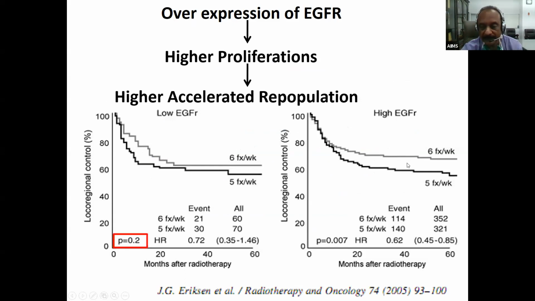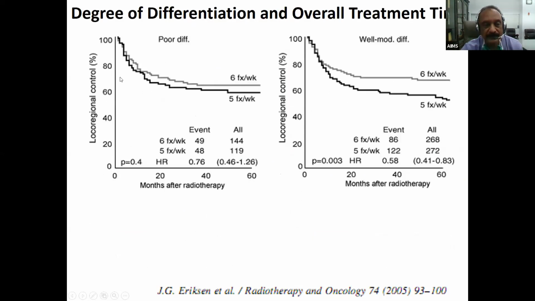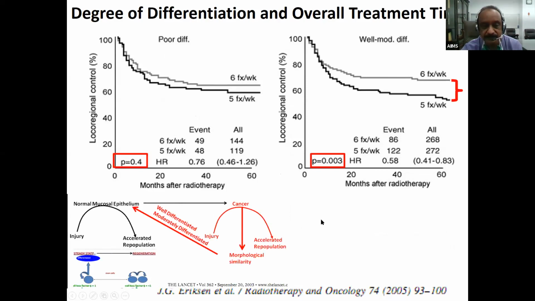But when patients had high EGFR, then only you could get a difference in local tumor control. Similarly, for the grading of the tumor, there was no difference in poorly differentiated, but there was a difference in well and moderately differentiated, and the explanation I have already discussed.